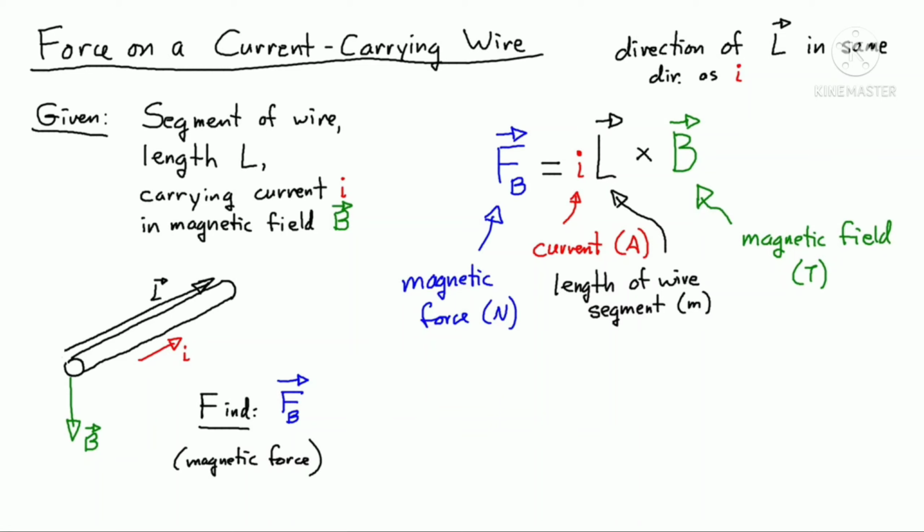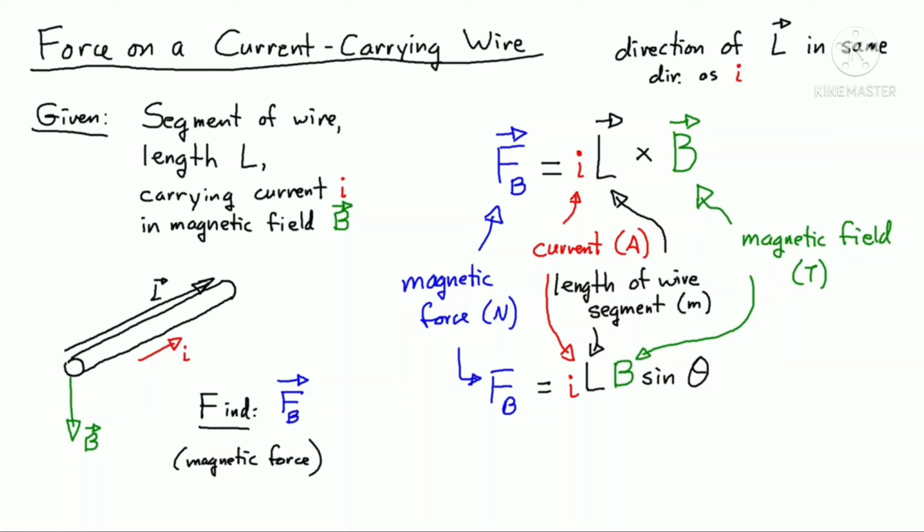It's also possible to write this in terms of the magnitude, in which case we would have F_B equals I L B sine theta. Again, I is the current, L is the length of the wire segment, B is the magnetic field, and F_B is the magnetic force.